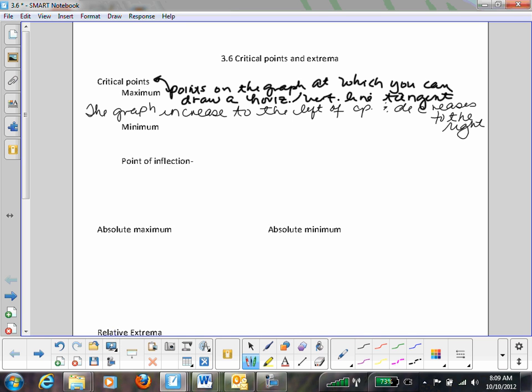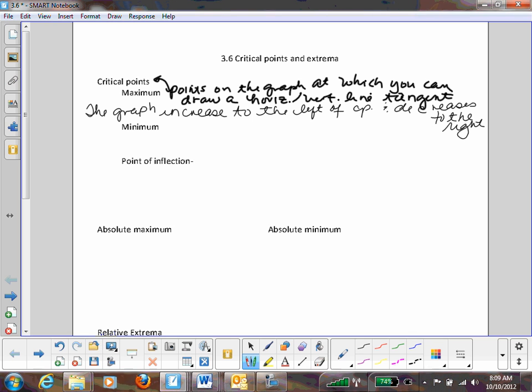When we talk about the graph, we're looking at y values. So the y value is increasing to the left of the critical point and decreasing to the right. So we're going to be observing what's happening to the y values as we look a little bit to the left of our critical point and a little bit to the right of our critical point.